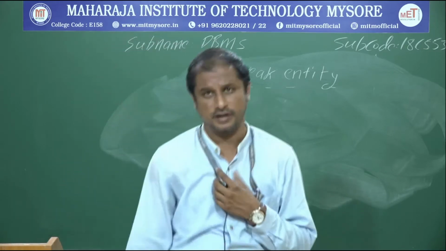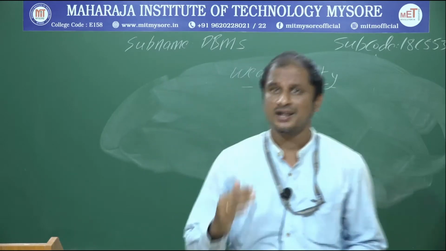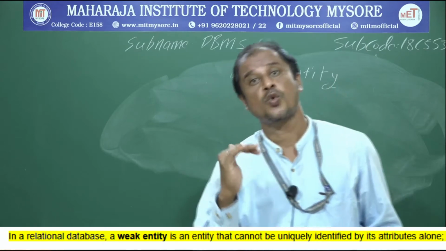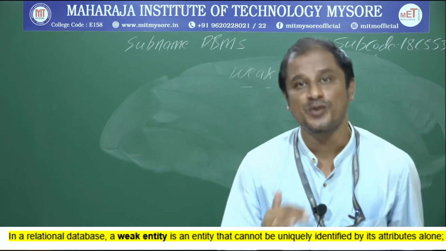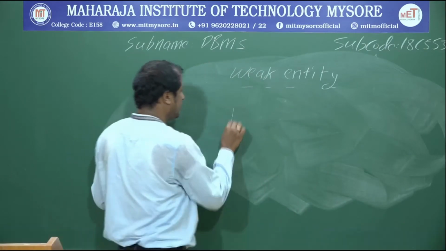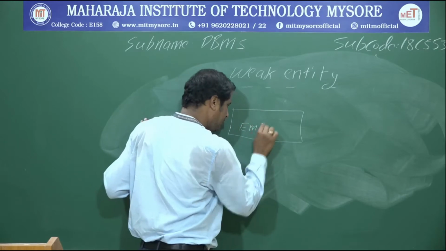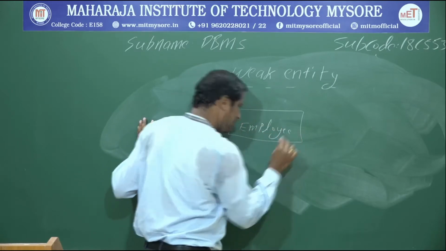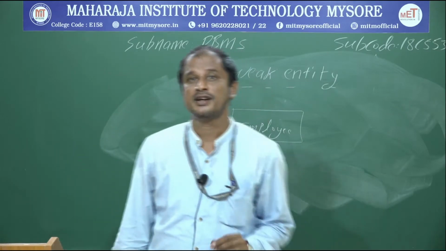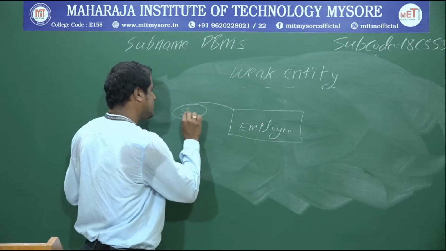So what is a weak entity? We have seen a strong entity. If I tell the definition of a strong entity, the entity which has its own key is called a strong entity. Here, if I take employee as an entity, which has its own key, that is SSN.